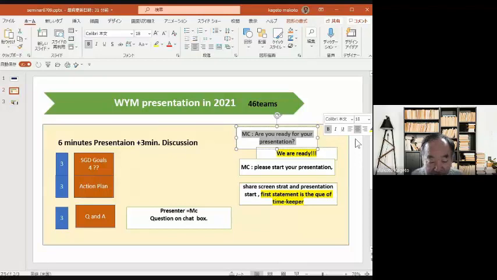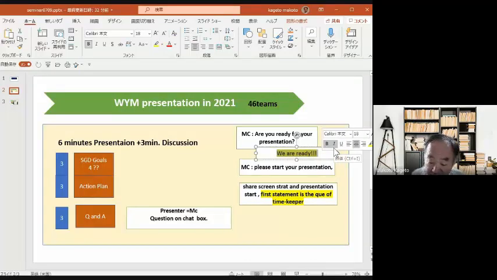And of course, the presentation group replies, we are ready. After listening to the answer, the network coordinator recognizes that their audio function works very well. After that, the MC says, please start your presentation. And you share your screen and start the presentation.